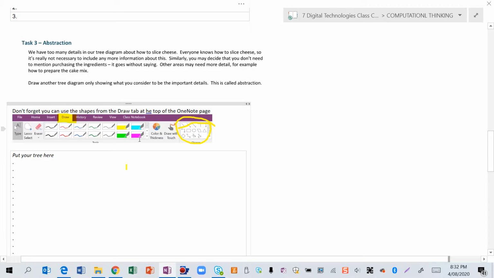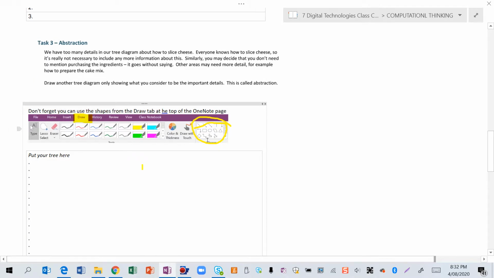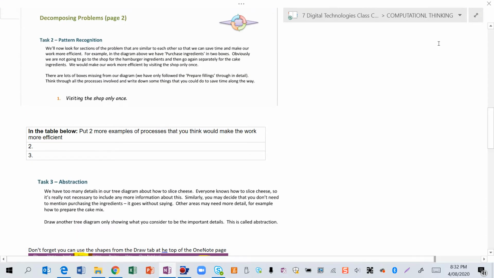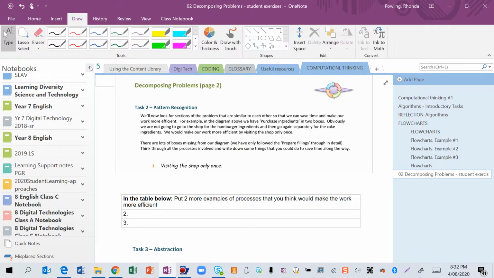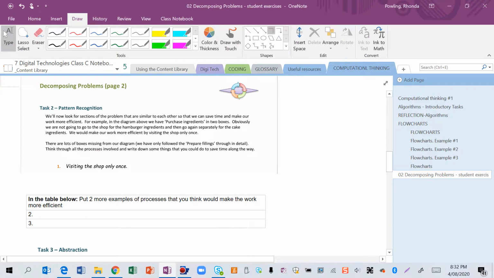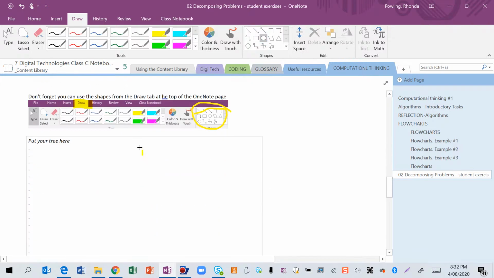So to do it neatly, you can draw it by hand, but a lot of the boys like to use the shape. So remember, you go up to draw and shape. I might just do this because it's easier. So here's our draw. Go up here. And I might decide I like squares, or I might decide I like ovals.